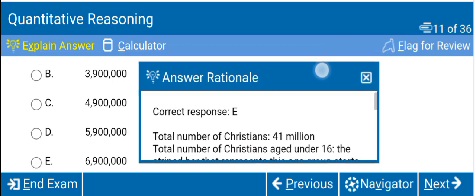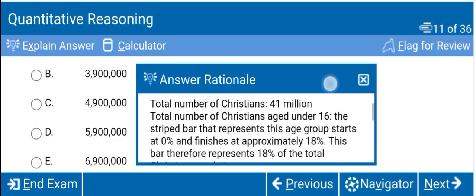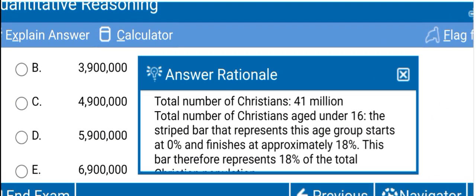Correct response is option E. Total number of Christians 41 million. Total number of Christians aged under 16: the striped bar that represents this age group starts at 0% and finishes at approximately 18%.